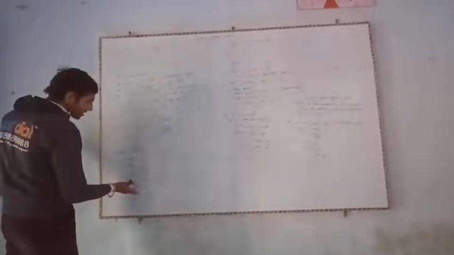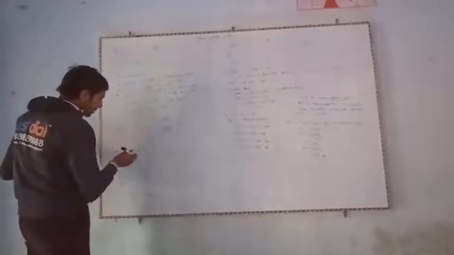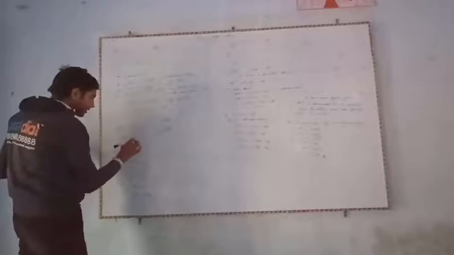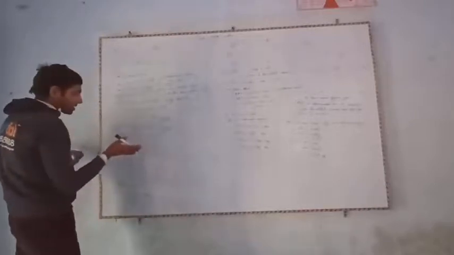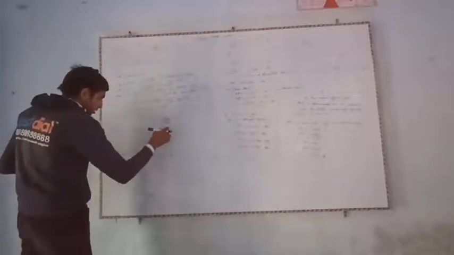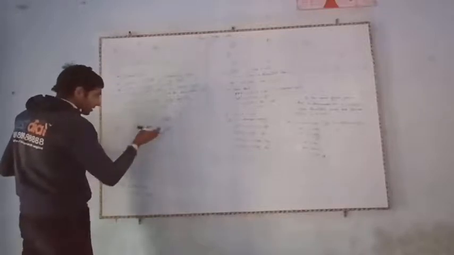Now the next part: we have to find the angle x. Angle CAD is equal to 40 degrees, which is given in the figure. By alternate interior angles, angle CAD is equal to angle ACB.